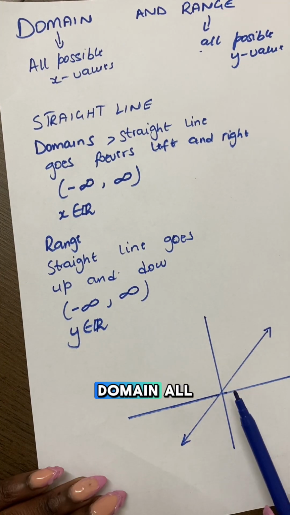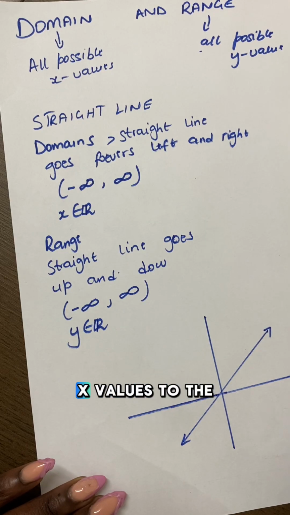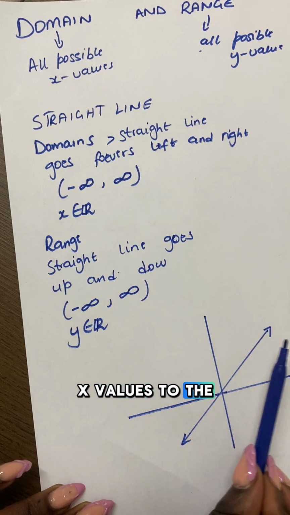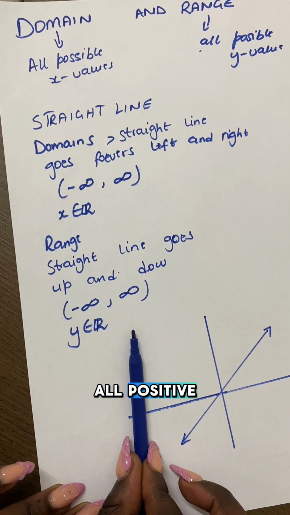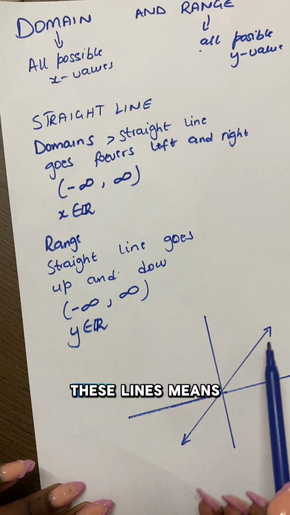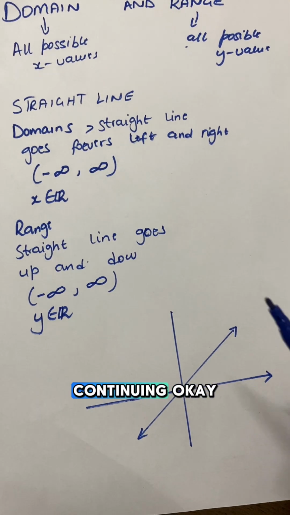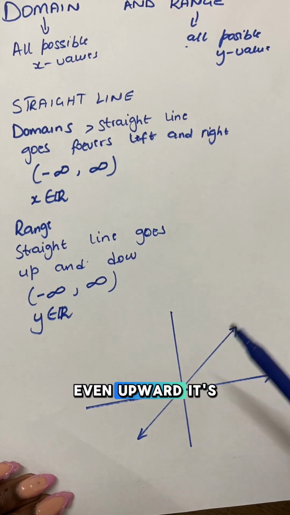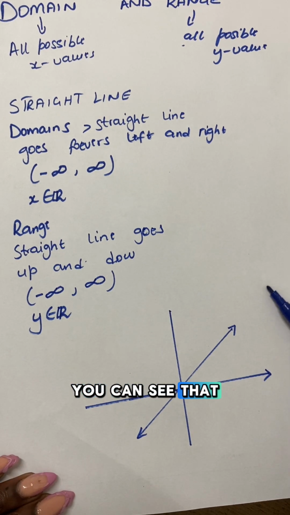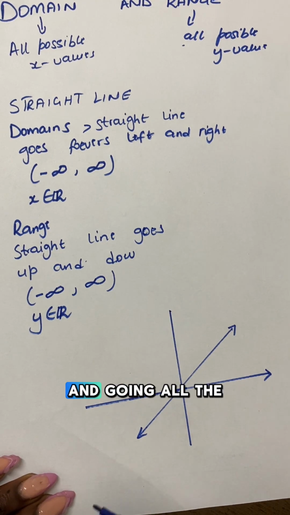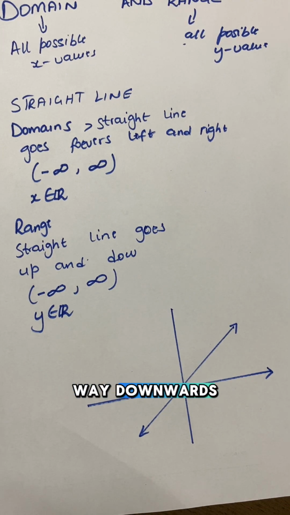The domain covers all positive x values to the right and all negative x values to the left. These lines mean that the graph is continuing. Even upward, it's moving up. You can see that it's going all the way up and all the way downwards. That's where this comes from.